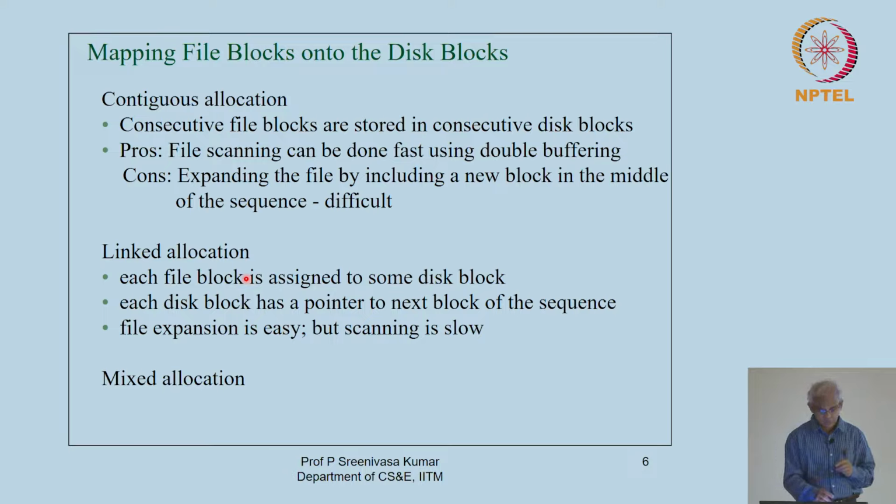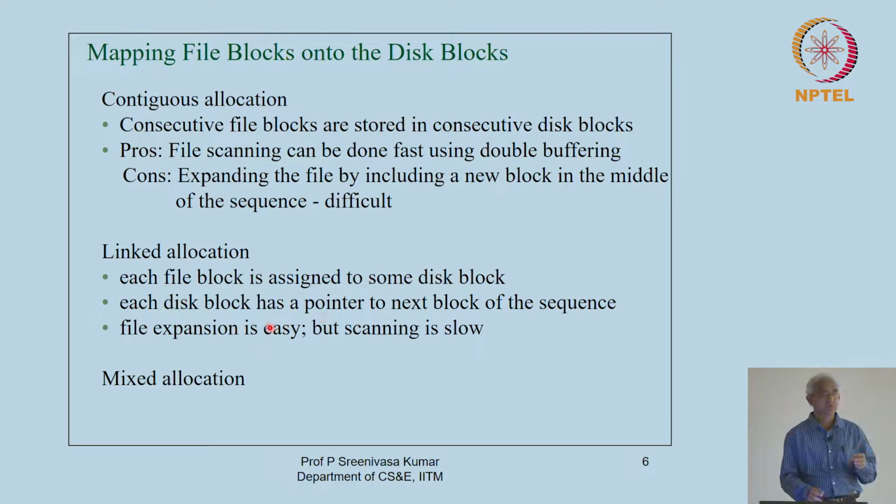So each file block is assigned to some disk block, and from each of these disk blocks we have a pointer to the next block that contains the next file block in the sequence.